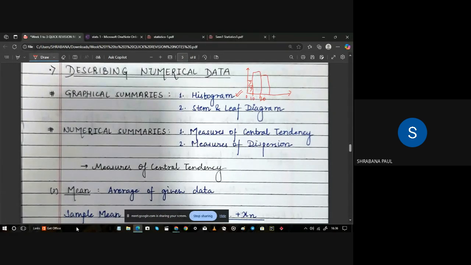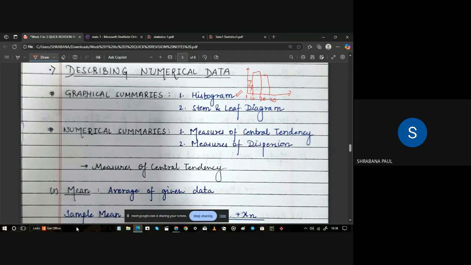Histograms are graphical representations of the distribution of numerical data using bar graphs. Each bar represents the frequency of values, like 10 to 20 means how many students scored from 10 marks to 20 marks, and from 20 to 30 marks. Each bar represents the frequency of values and it should be represented in a certain interval.